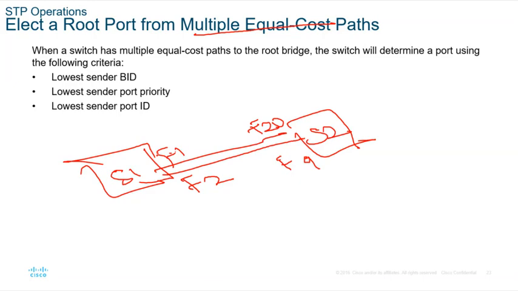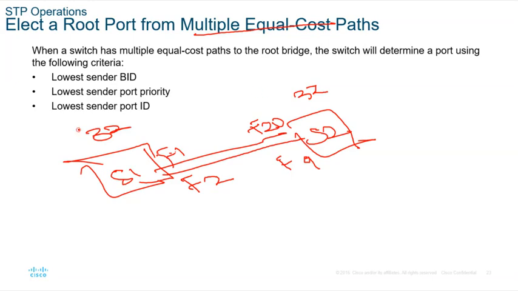Okay, so when a switch has multiple equal cost paths to the root bridge, the switch will determine the port using the following criteria: the lowest sender bridge ID, the lowest sender root ID. For example, let's assume that the priority here is less than 32, and this one here is 32.